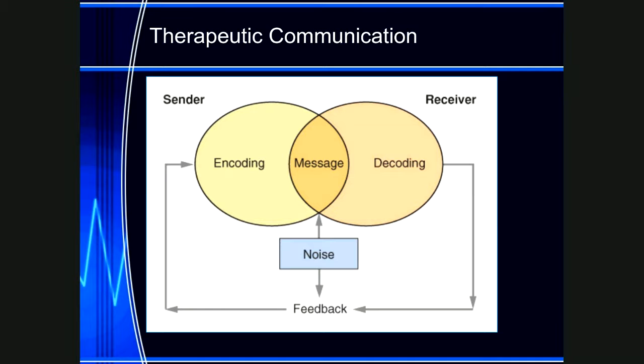And then they have to send the message to the receiver, to the person receiving it. The person receiving it then has to decode the message and then send feedback back to the sender that originally sent the message.